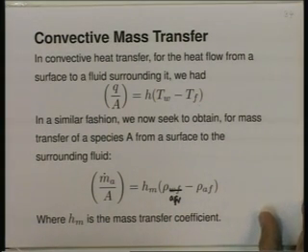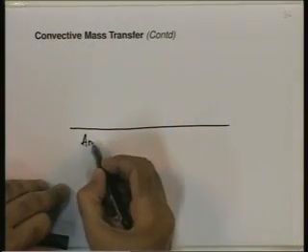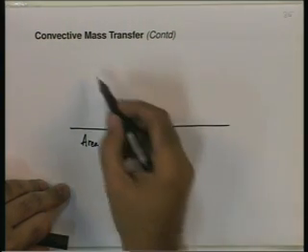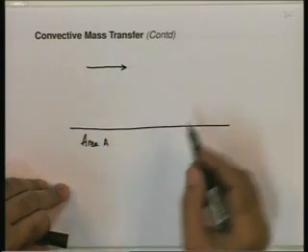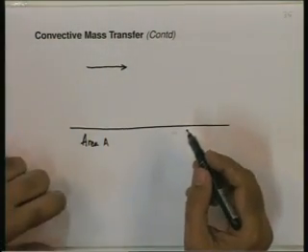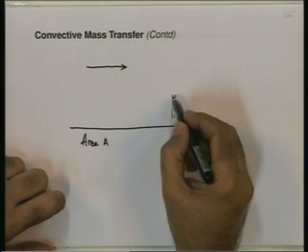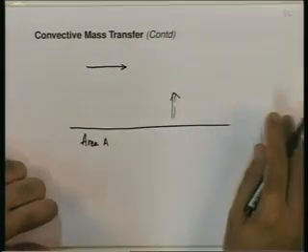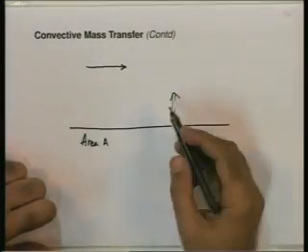Let me sketch the situation so that the ideas are clear. Let us say that we have some surface, the area of the surface is A. There is some fluid flowing and there is a component, say A, which is getting transported from the wall to the fluid.